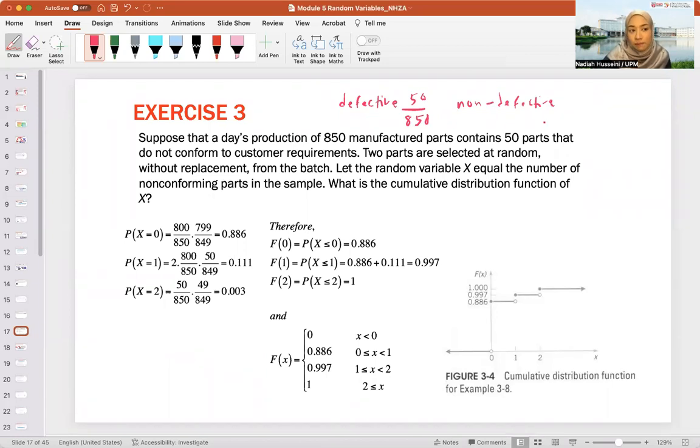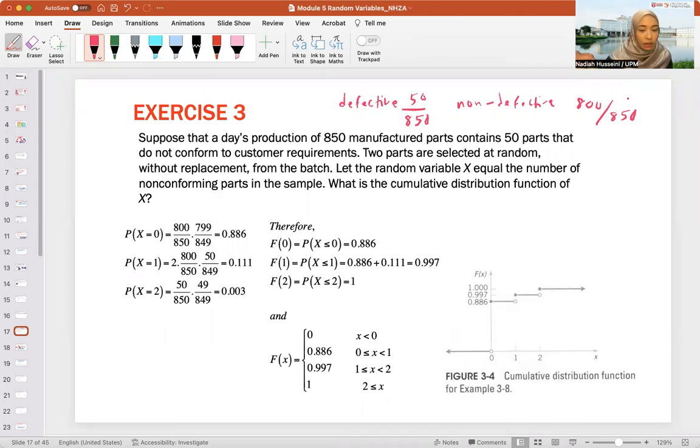would be 800, right? And my face is over here. I need to put it somewhere else. 800 over 850. If I take one out of the non-defective items, therefore the non-defective items that is left will be 799. If I take one out of the defective pool, therefore my defective will be left 49 over 850.